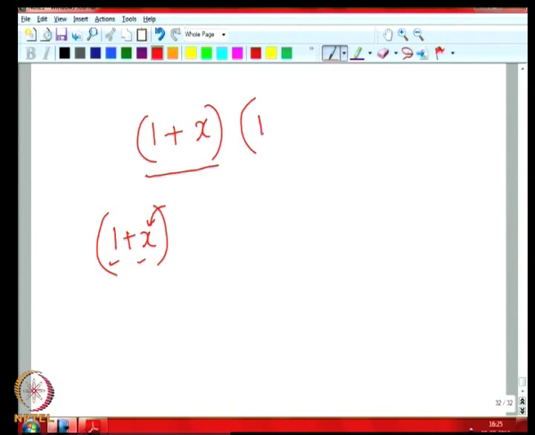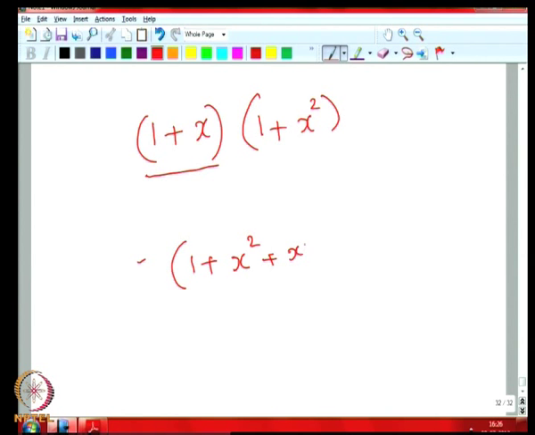Similarly, next term will be 1 plus x square. What does it mean? We are allowing either 0 twos or 1 two, not more than that. Earlier we used to write there x raised to 4, x raised to 6 and so on. In general, when you want to select k twos, we would be picking up x raised to 2k from that.